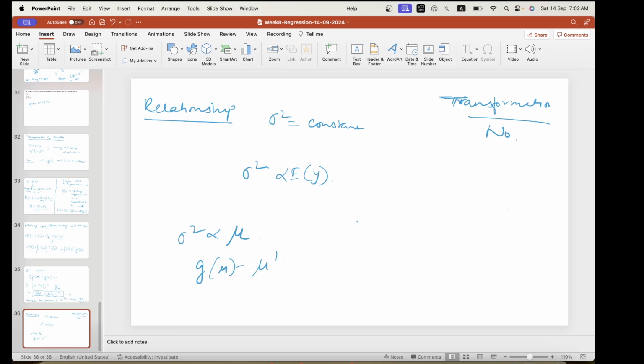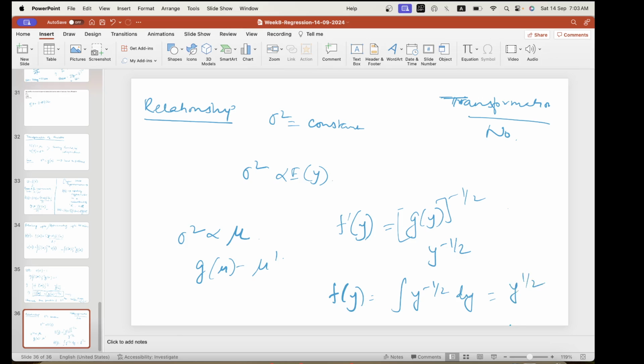So f prime y would be equal to g of y whole to the power minus half, that is y to the power minus half. Therefore f of y will be the integration of y to the power minus half dy. So this would be y to the power half.